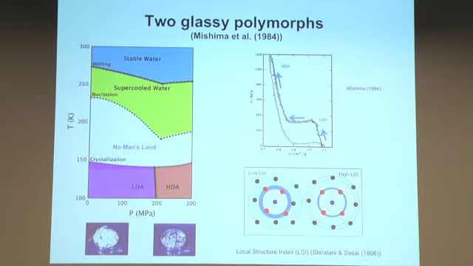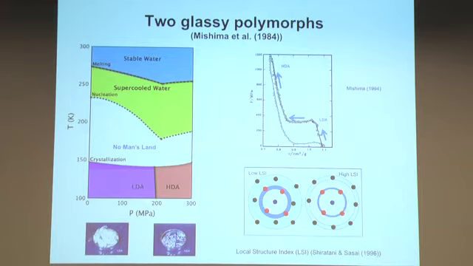On the other hand, if one quenches the liquid, one obtains disordered structures, indicated below: low density amorphous ice and high density amorphous ice. You see this structure actually exists and can be made in experiments.